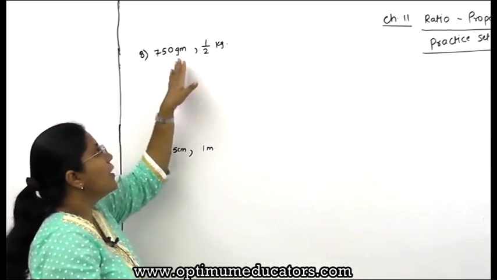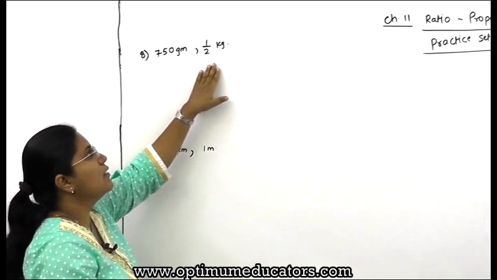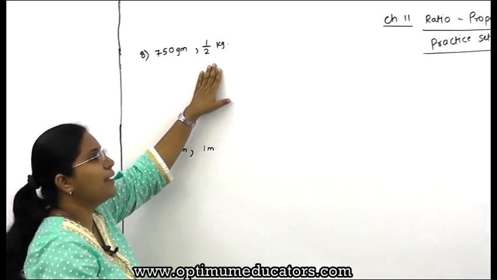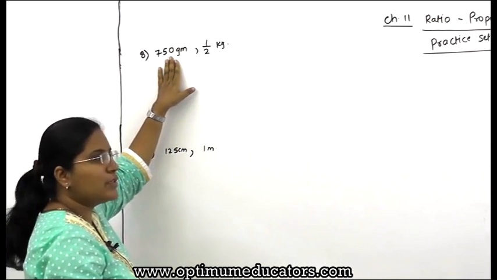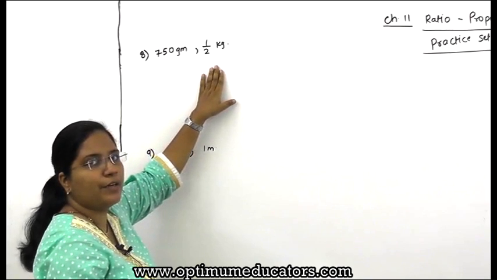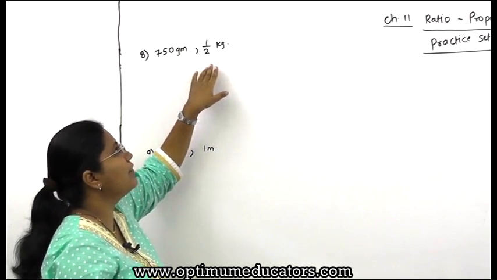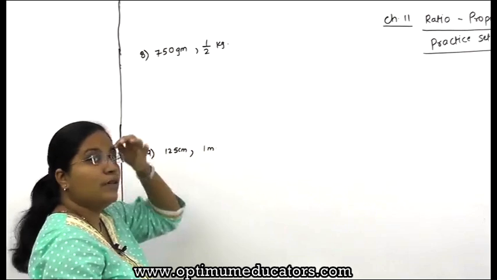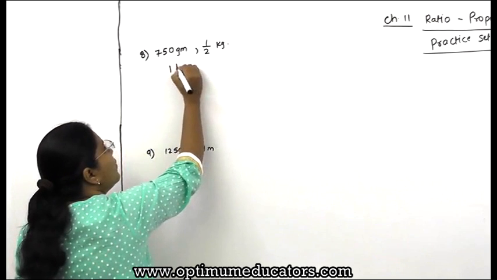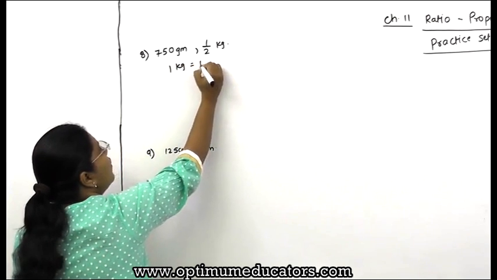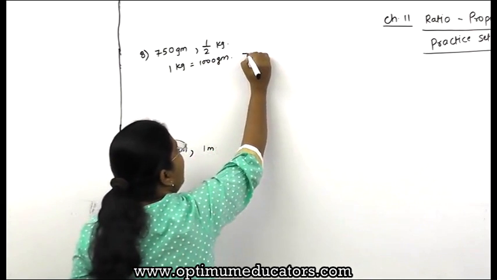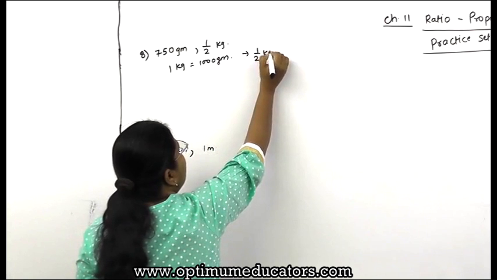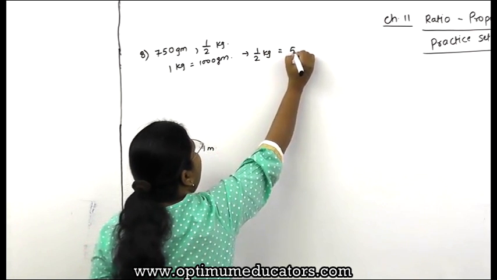Now next is 750 grams and half kg. We have to find the proportion or ratio of the first quantity to the second quantity. What is our second quantity? Half kg. We know that 1 kilogram is 1000 grams. Then half kg will be 500 grams.